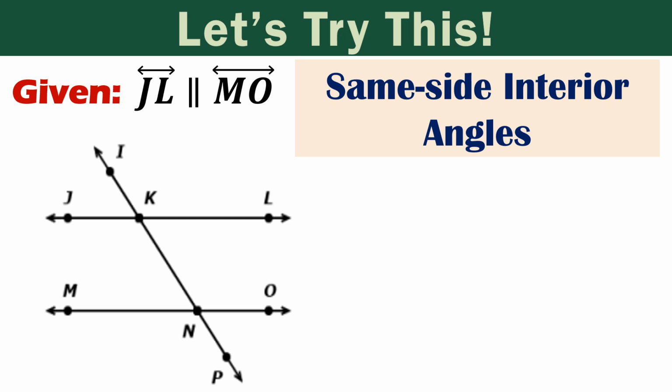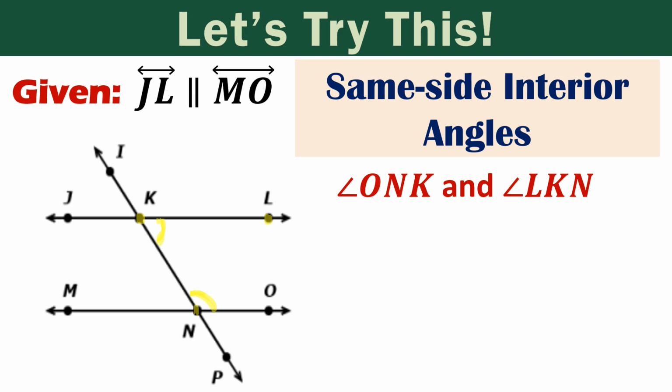Now, how about same side interior angles? So we do have OKN, where is OKN? So this one, and LKN, this one. So L, K, and then N. So that means this angle.